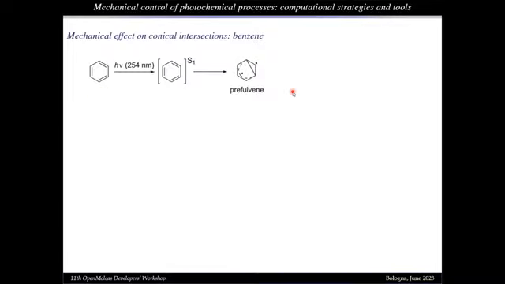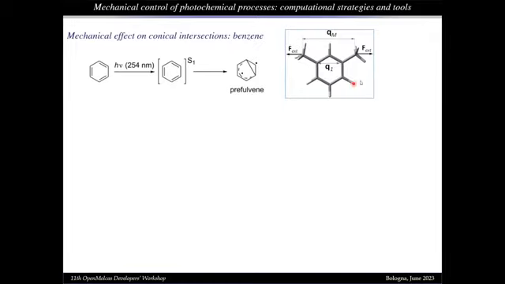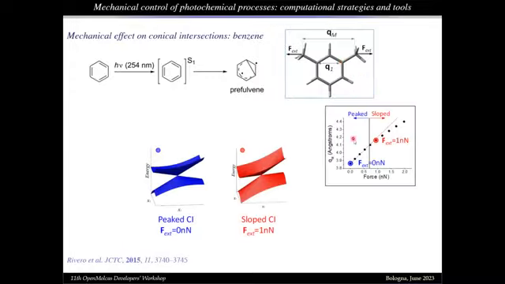Benzene has a given photoreactivity. The reactivity goes through the S1 state. So we studied this system where we apply a mechanical force, a force pair in this case, on two methyl groups that we attach to two carbon atoms.